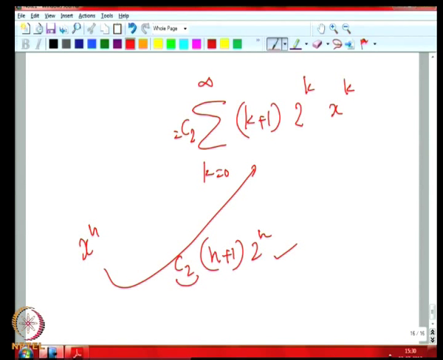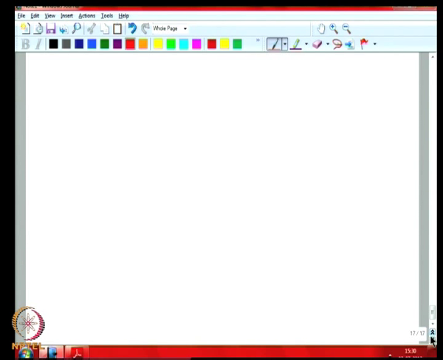Again it is something times 2 to the power n, something times minus 5 to the power n, and finally the answer will look like this. You have to work it out yourself because you do not want to waste time on this.